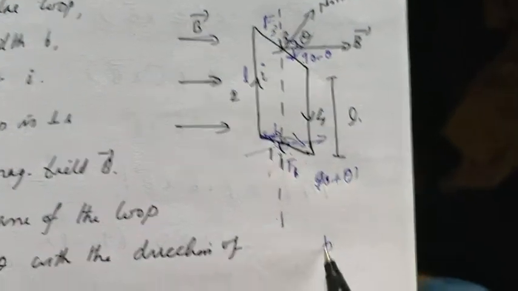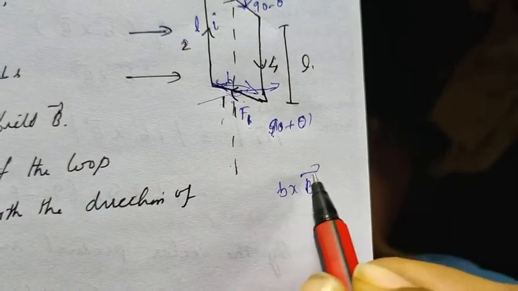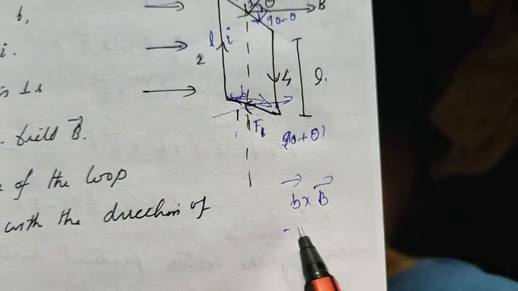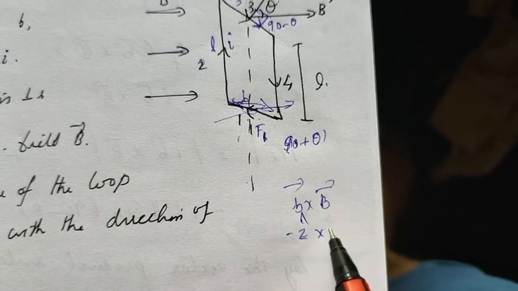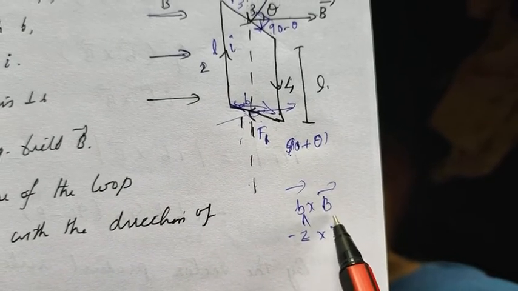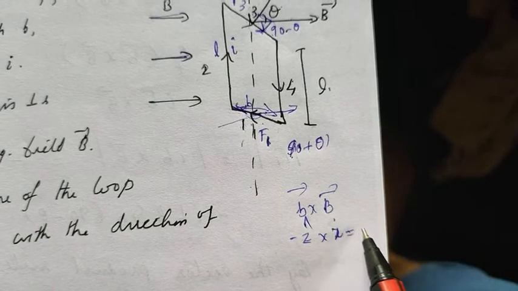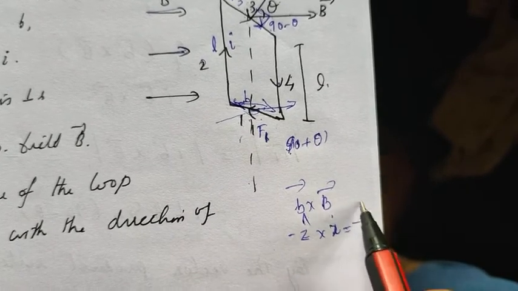We have B cross B in the equation, so minus z cap cross x is equal to minus y cap.